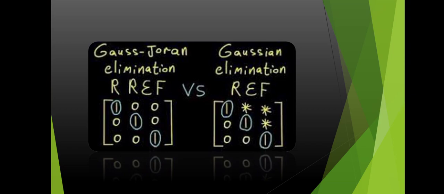So here we can understand that Gauss-Jordan elimination and Gaussian elimination are almost the same, except that Gauss-Jordan elimination is related to the reduced row echelon form, whereas Gaussian elimination is related to the row echelon form. These are both direct methods and their coefficients change into diagonal matrices.